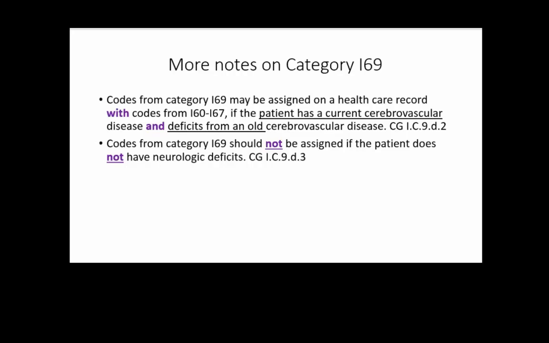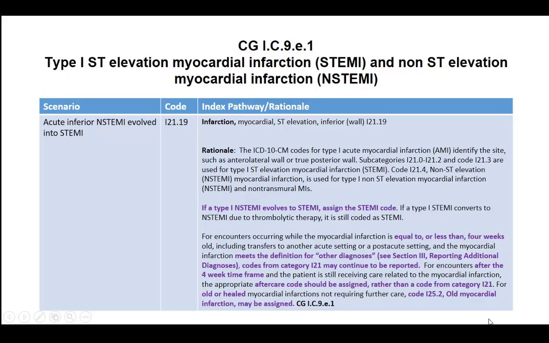The left hemiplegia with the current stroke is not going to be an I-69 code. The old stroke is going to be the I-69. Also notice in the second bullet point, codes from category I-69 should not be assigned if the patient does not have neurological deficits. The next few guidelines have to do with myocardial infarctions, sometimes called MIs.